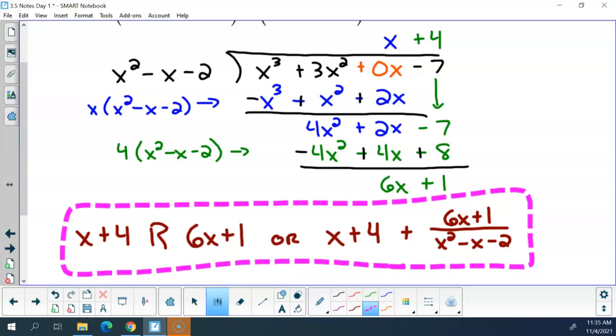Okay. Questions, comments, concerns, clarification? Yes, ma'am. Because x squared can't multiply to be 6x. Okay?